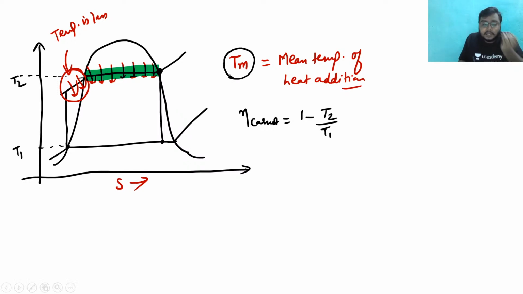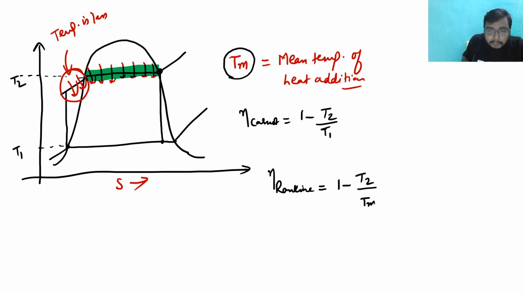This is the mean temperature of heat addition, and considering this, Rankine cycle efficiency would be 1 minus T2 by Tm.